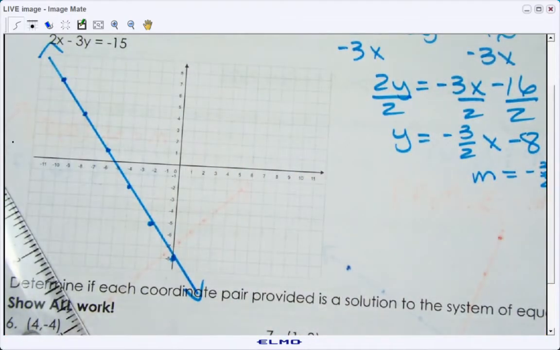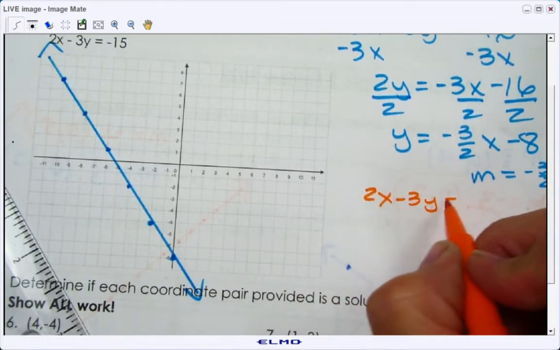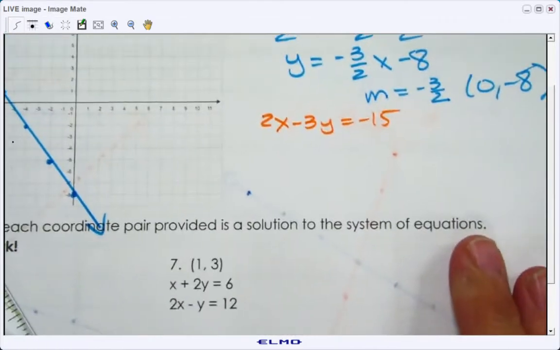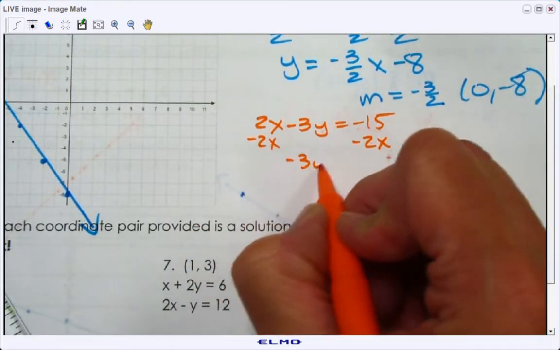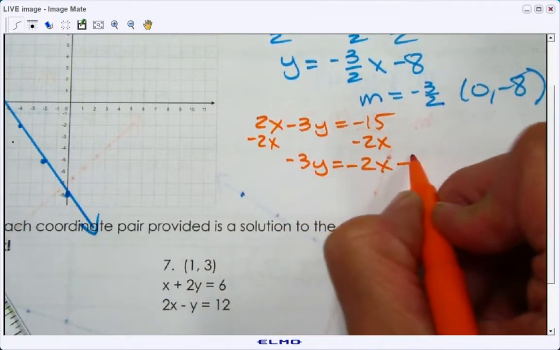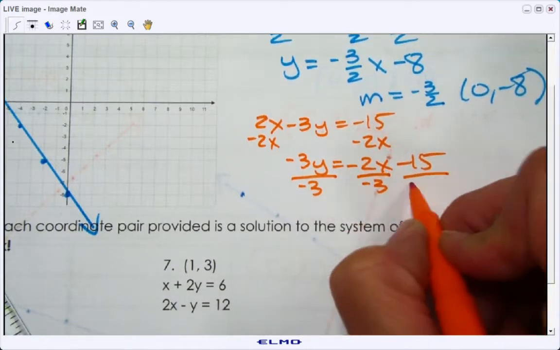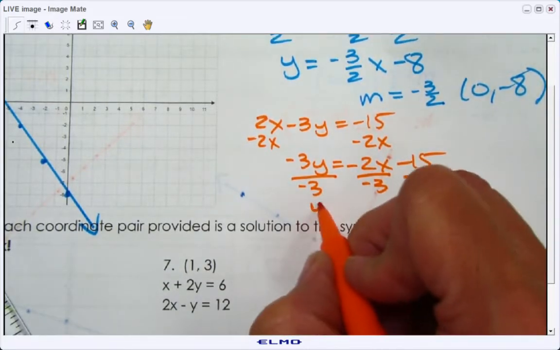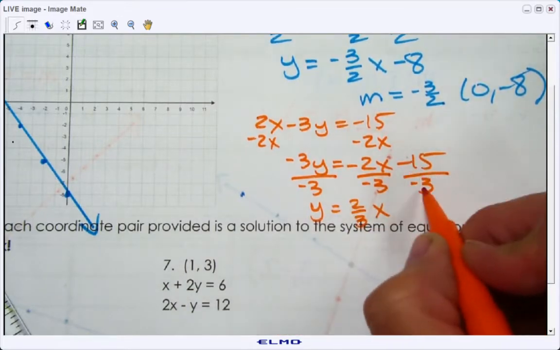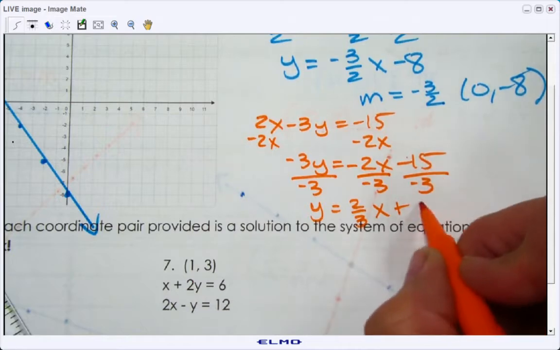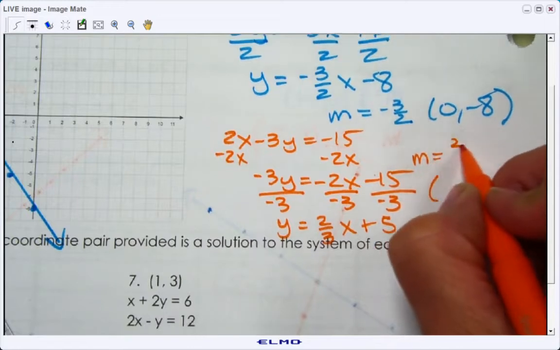Now I'm going to take the other one. Didn't give myself as much space here, but that's okay. Subtract 2x, negative 3y equals negative 2x minus 15. Divide by negative 3 each term. Y equals negative divided by a negative is a positive, so that would get me 5. So my slope here is 2/3.